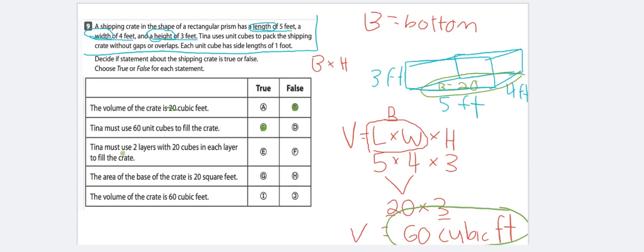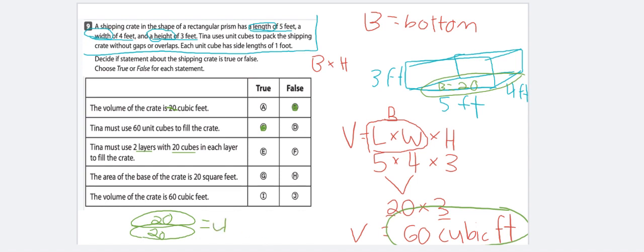Statement 3. Tina would use 2 layers with 20 cubes in each layer to fill the crate. So if there were 2 layers of 20, if there was a layer of 20 here, and a second layer of 20, there would be 20 in the bottom, 20 on the top.